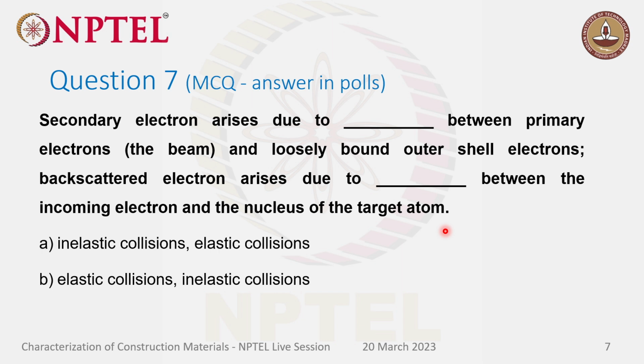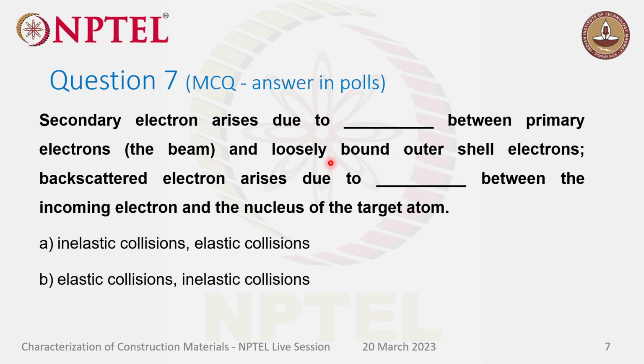Question 7: secondary electrons arise due to either inelastic collision or elastic collision between the primary electron, that is the electron beam, and the loosely bound outer shell electrons. Backscattered electrons arise due to inelastic collision or elastic collision between the incoming electron and the nucleus of the target atom. You have to find what is right. Secondary electrons arise due to the collision between the electron beam and the loosely bound outer shell electron that comes out.